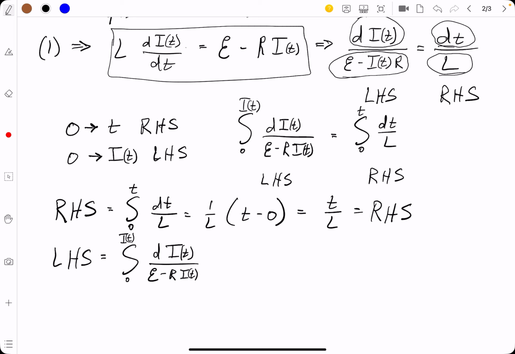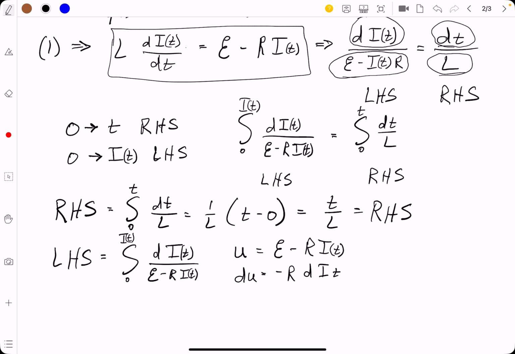Do you guys use u and v anymore for substituting? Substitute however you want, with whatever variable you want. We're going to get back to what we're calling it anyway. So u equals this. What is du equal to? du is equal to minus R di of t.